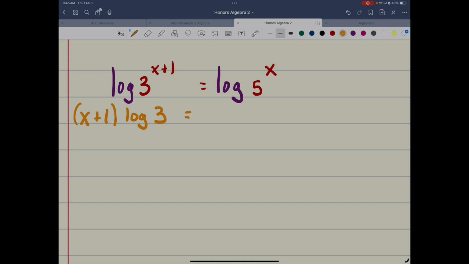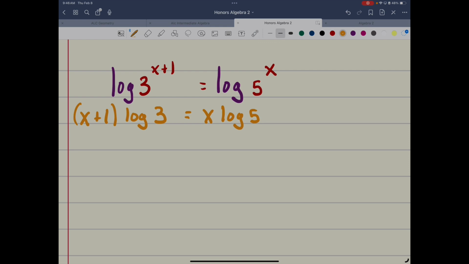And then this is going to equal x times the log of 5. Everybody remember doing that? Okay, so that was yesterday.